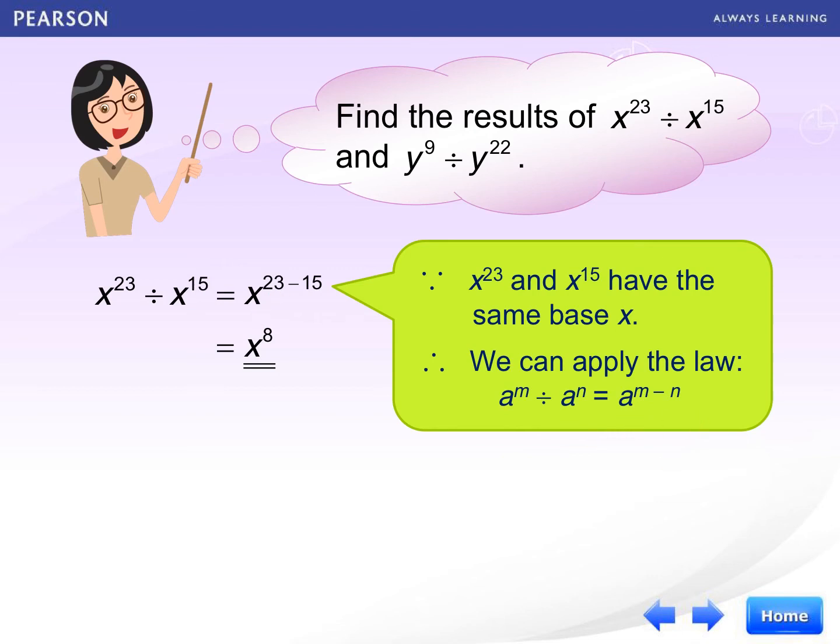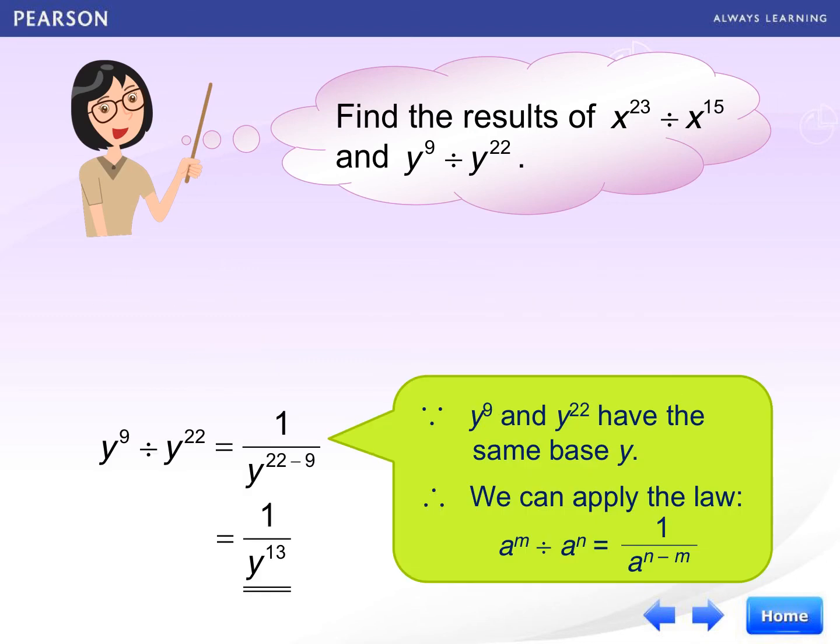So this is x to the power 23 minus 15, which is x to the power 8. For this, 9 is smaller than 22. We apply this law, so the answer is 1 over y to the power 22 minus 9. So it is 1 over y to the power 13.